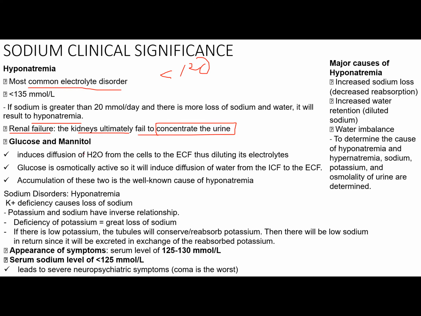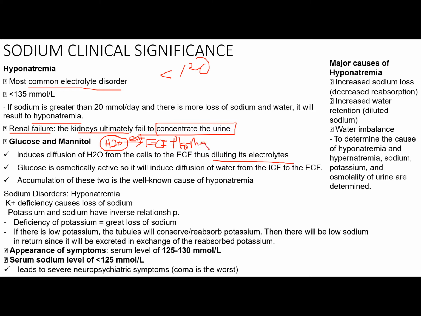Now, glucose and mannitol, class, please take note, would induce diffusion of water from the cells to the ECF, thus diluting its electrolyte. So, itong glucose and mannitol, class, ang gagawin niya, kunwari ito yung cell. Inside the cell, class, you would find water. Now, due to too much glucose and mannitol, your water would exit. Pupunta siya ngayon sa extracellular fluid or the plasma.